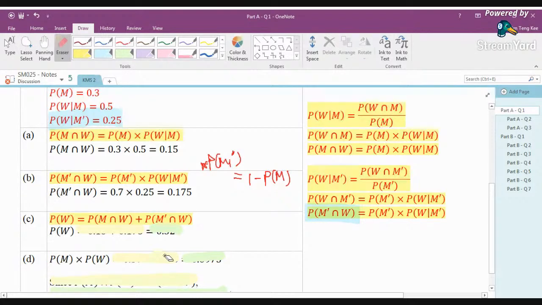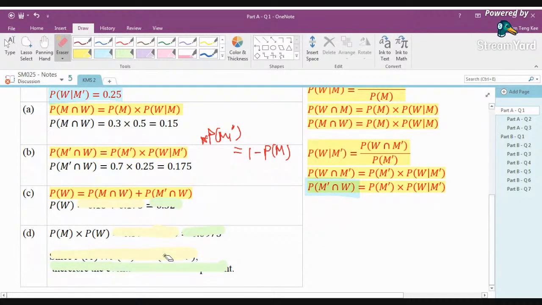Next, C. When we want to find P(W) in this question, we find that W happens in two types of situation. One situation is that we have P(M intersect W).